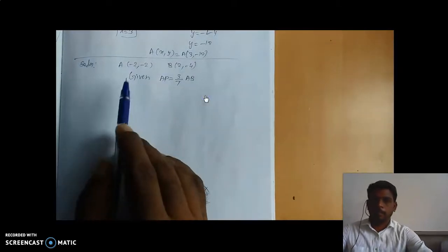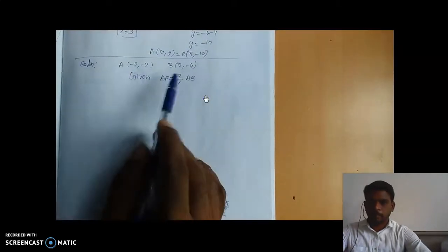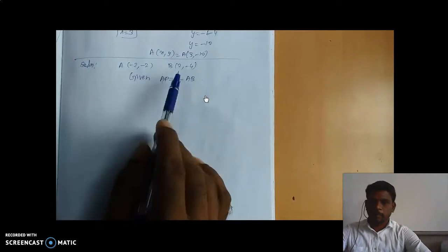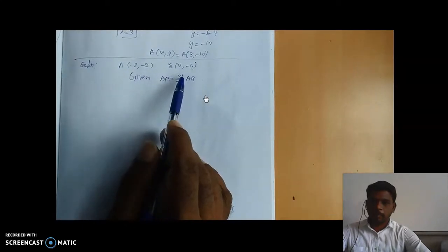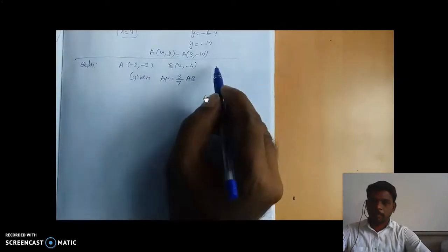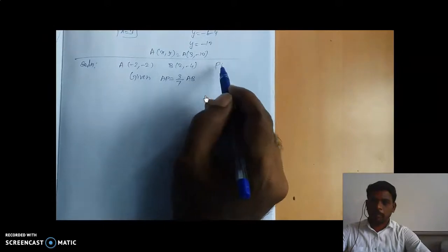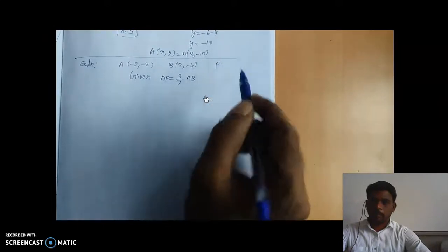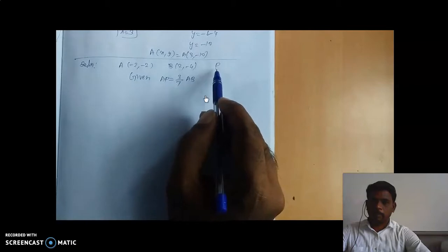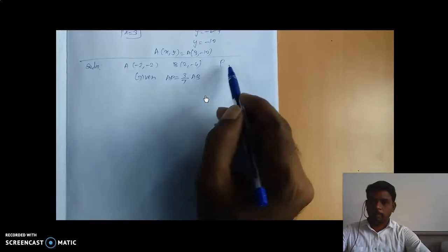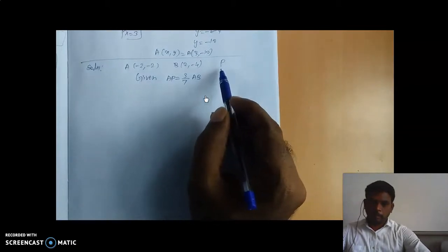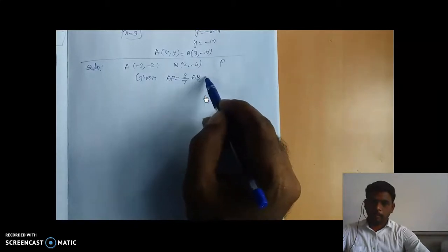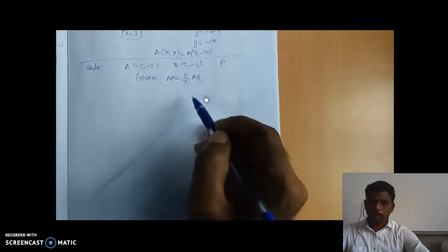The solution: what is given here? A and B are given, that is A (-2, -2) and B (2, -4), and they are asking to find the coordinates of P. What is P? P is a point which lies on the line segment AB. And one more piece of information is given: AP equals 3 by 7 into AB.